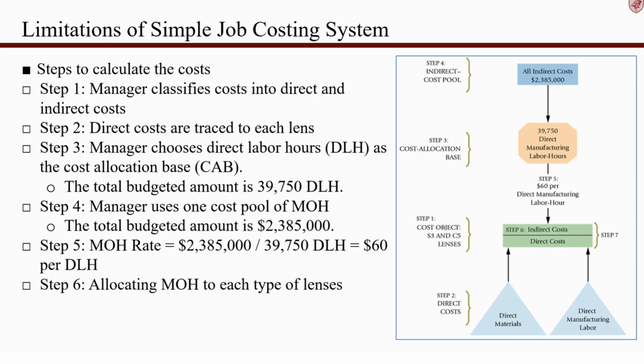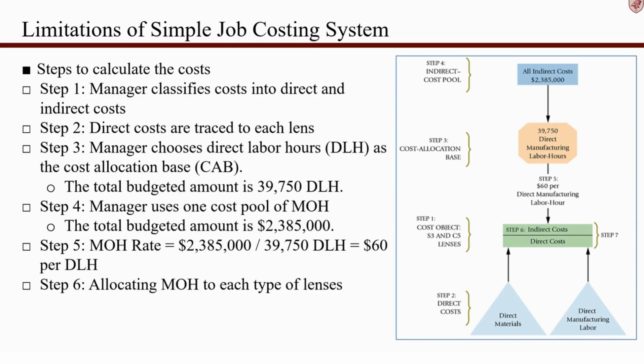And in step four, the manager chooses one cost pool of the MOH, allocated based on the labor hour, and the total budgeted amount is $2,385,000.